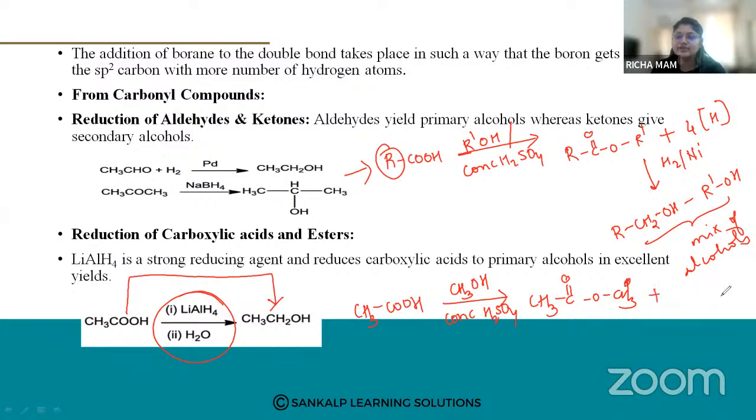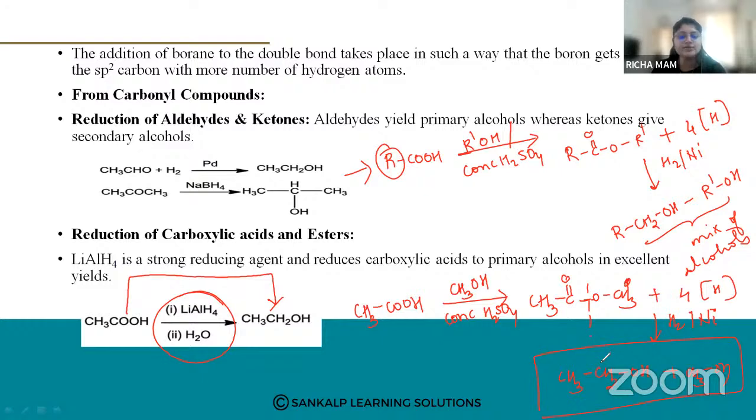Now this methyl acetate will further undergo reduction in the presence of hydrogen and nickel. I am going to get CH3CH2OH plus CH3OH. Here the breaking takes place: the OH group will be added on one side and H on the other. So this is the mixture of alcohols obtained.